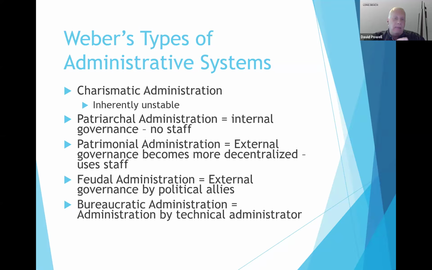In the second type, the second basis of authority, the traditionalist basis, that traditional basis of authority spawns different types of administrative systems. The middle three that you see there on the screen, the patriarchal, patrimonial, and feudal administrative systems, all come out of that traditionalist type of authority.